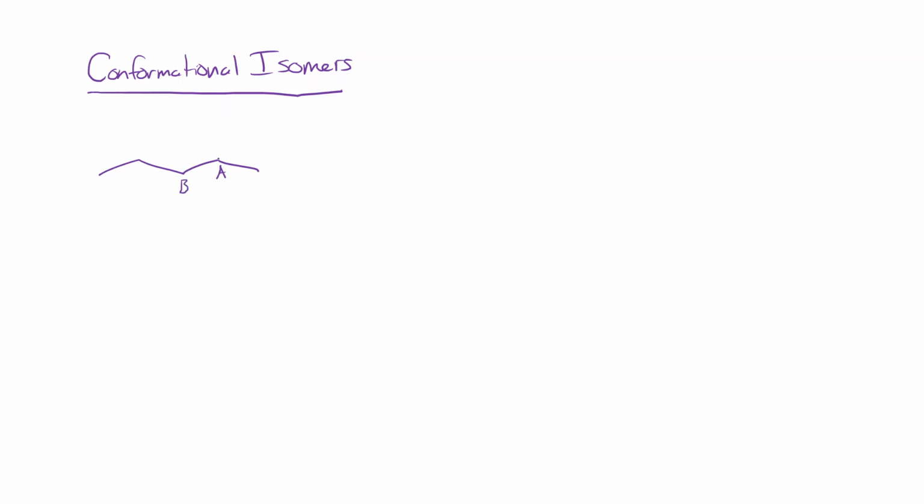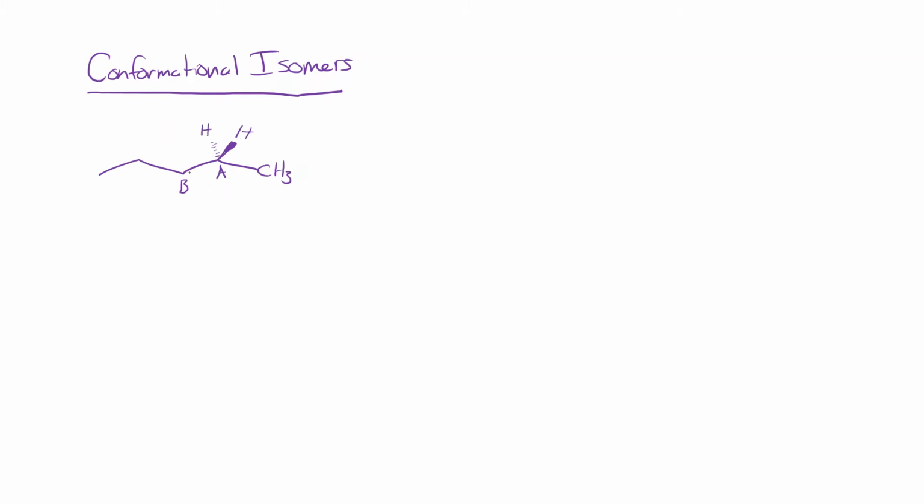Carbon A has a CH3 group attached to it on one side and this 3-carbon chain attached on the other. What we're not seeing are the 2 hydrogens, 1 hydrogen here and 1 hydrogen here.